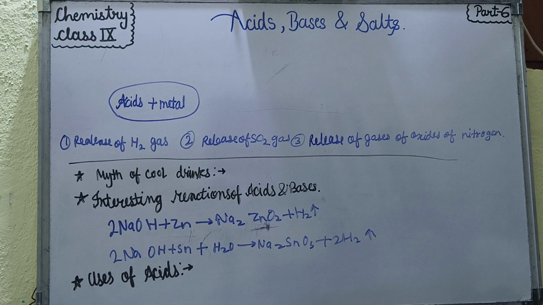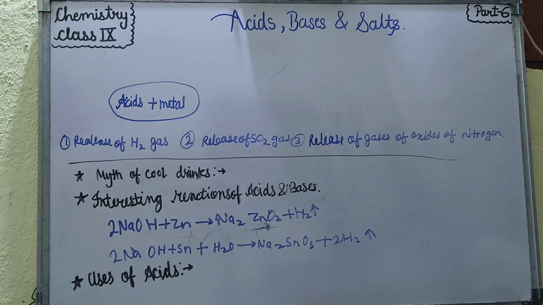Then citric acid, formula C6H8O7, uses food preservation, vitamin C. Third is oxalic acid, formula (COOH)2, and its use is ink stain remover. Fourth is carbonic acid, formula H2CO3, and uses flavoring drinks.